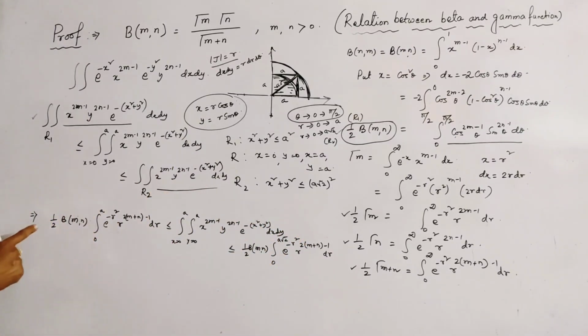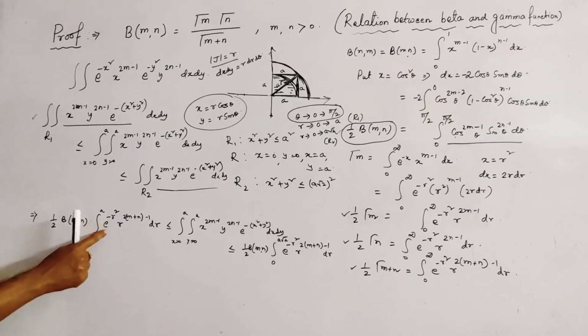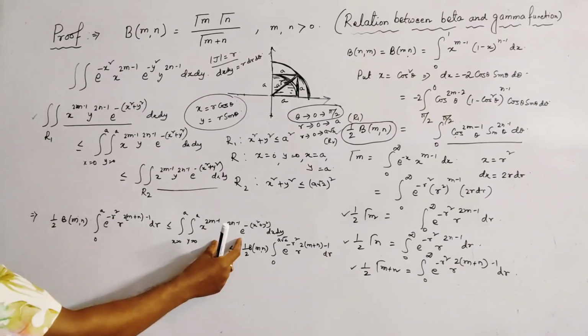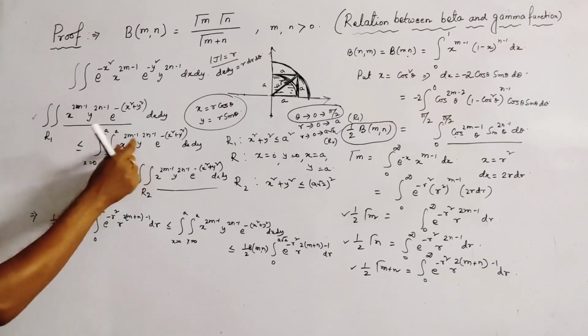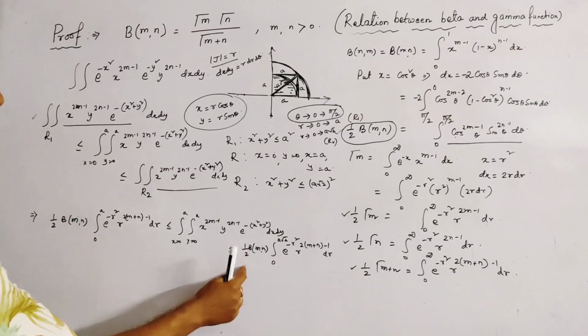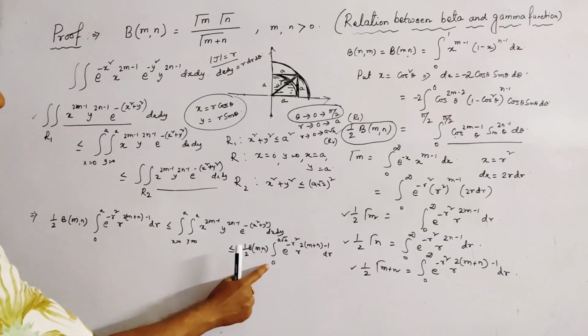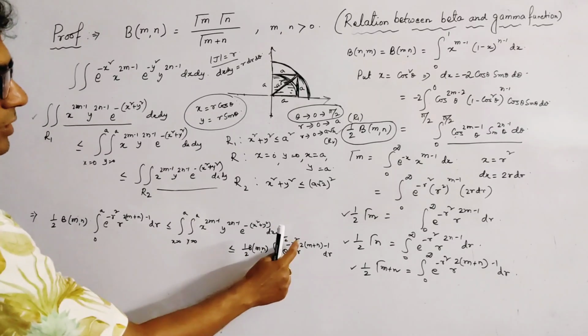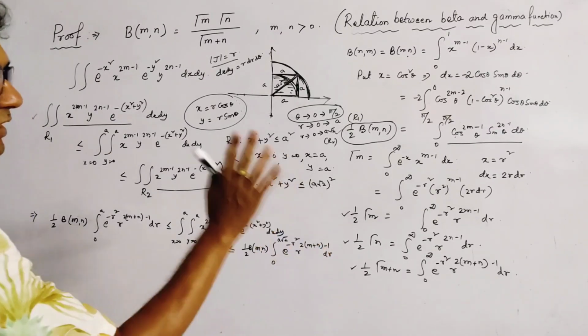The left side is half into beta mn integration 0 to a e to the power minus r square r to the power 2 into m plus n minus 1 dr, and the middle portion is the same as the previous, and the last portion is half into beta mn integration 0 to a root 2 e to the power minus r square into r to the power 2 into m plus n minus 1 dr.